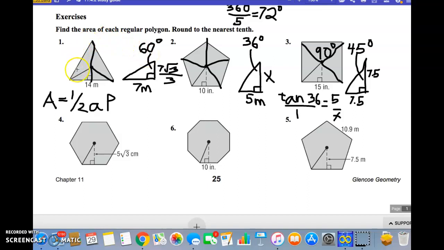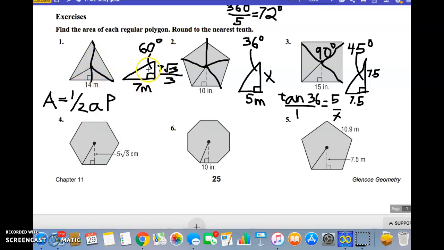If I go all the way around this figure, that's 360 degrees, and I drew these lines in, so this line with this makes one triangle, this line with this makes another triangle, and we've got a third triangle. So 360 divided by 3 is 120, but the apothem breaks that up into 2 more triangles, so that's a 60. 120 for the whole angle, each half would be 60.